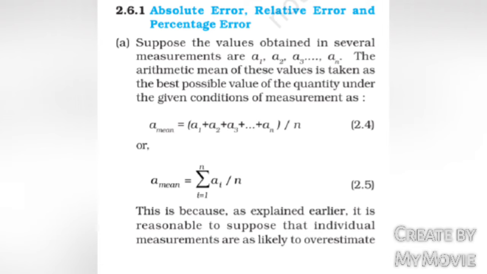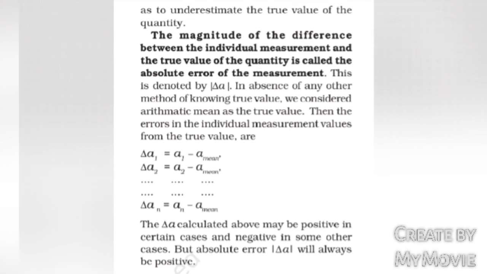This is because, as explained earlier, it is reasonable to suppose that individual measurements are as likely to overestimate as to underestimate the true value of the quantity.